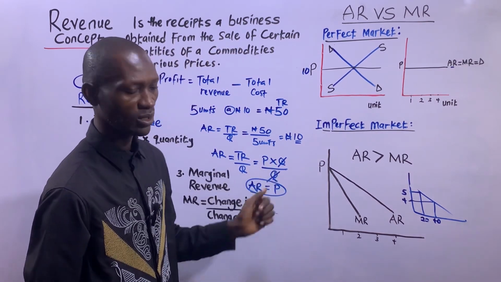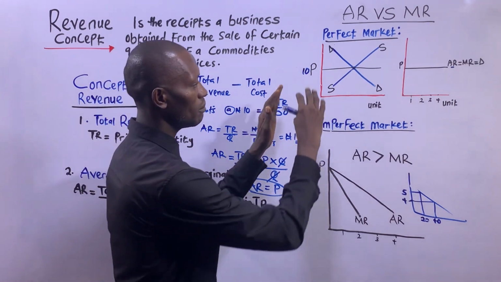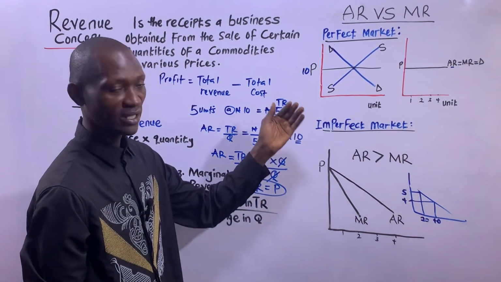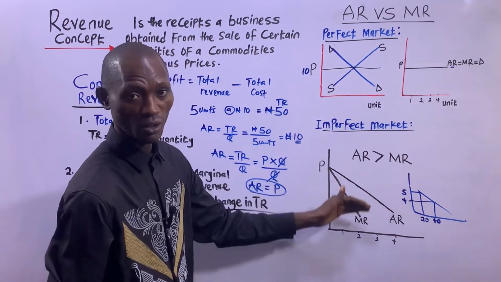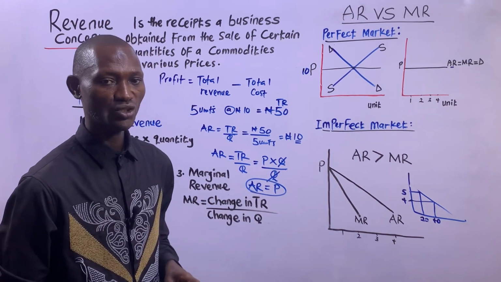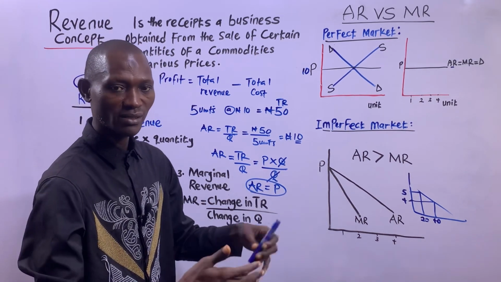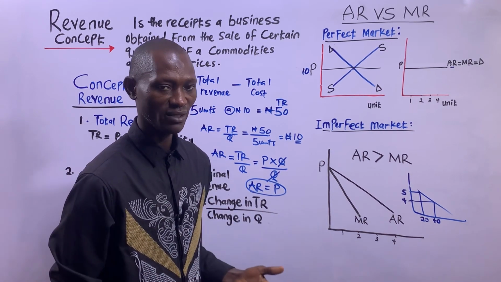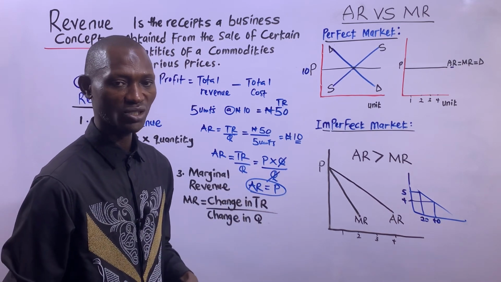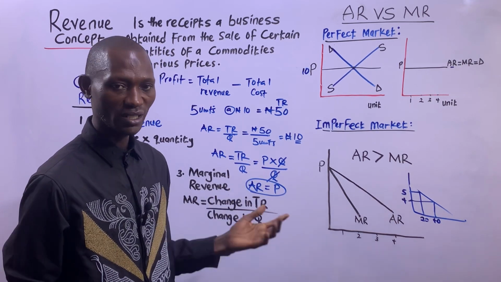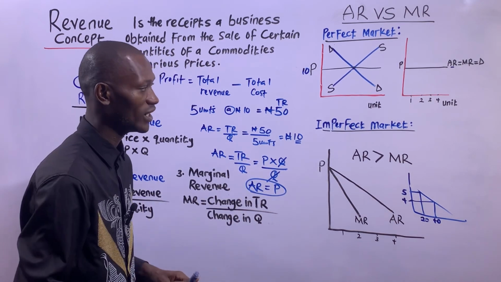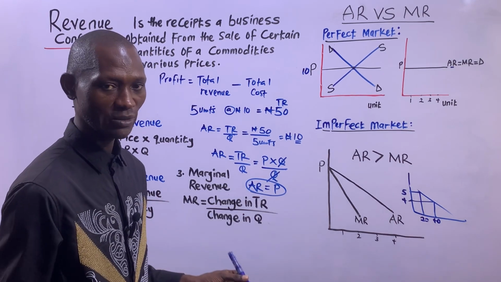So this is what we are going to be doing now. We're going to back up this explanation as well as these curves with a revenue schedule so that your understanding can be facilitated with that revenue schedule that we're going to be drawing in a second or two. So let's try to do that together. I hope that is understood.